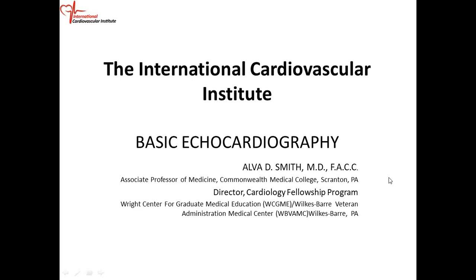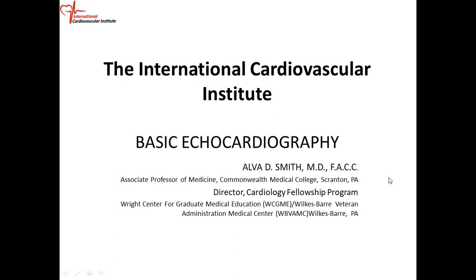So in health, in a young, healthy individual, the E velocity is usually greater than the A velocity. Okay? However, in disease state, if you're developing a problem with your diastolic function, the A velocity may become more prominent.